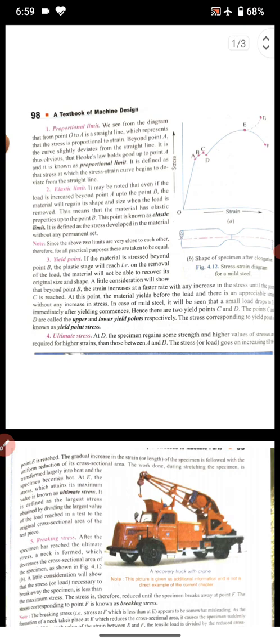So on the name of this behavior, the point B to C and C to D is known as plastic stage or plastic deformation. I am reading the yield point content as it is.